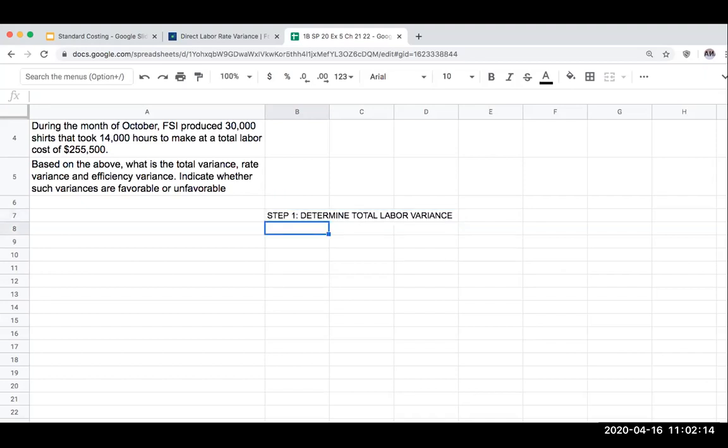So our total variance is going to be what I actually spent on the labor versus what I budgeted. My total cost of labor is going to be my actual hours times the actual rate, or what I actually spent on the labor.